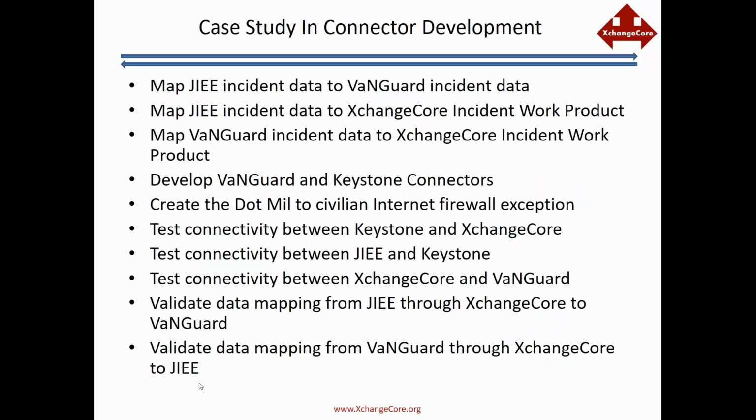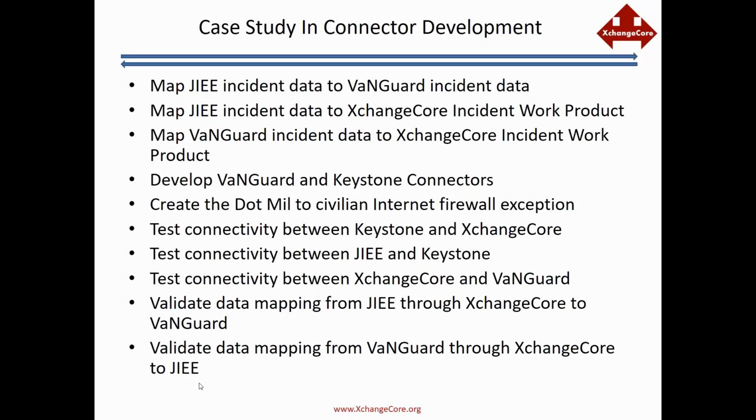And I thought it'd be useful to start with a little case study here in connector development. The things that you need to do when you're starting with something as complex as what you just saw. We first sat down and mapped the JIEE incident data to the VaNGuard incident data.